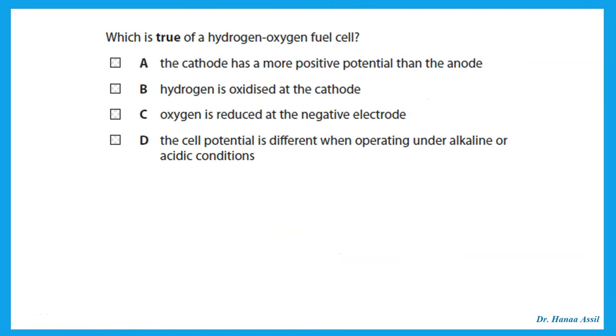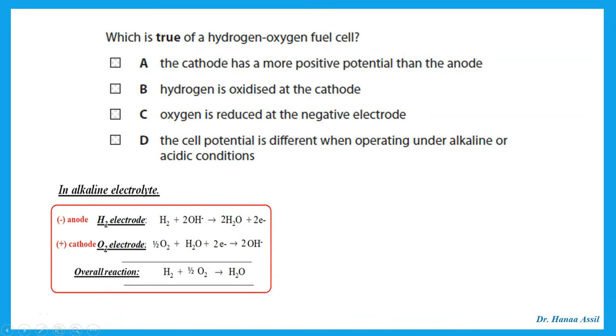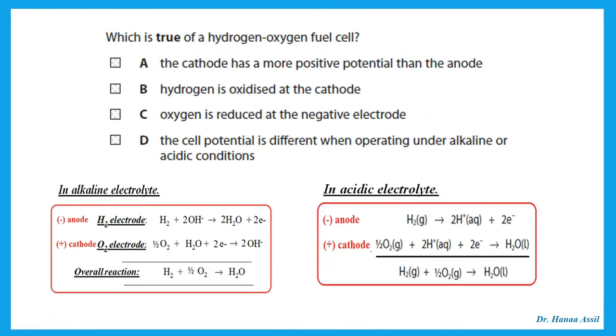So a question says, which is true of a hydrogen-oxygen fuel cell? Well, let's take a look at the choices. These were the equations in the alkaline electrolyte and in the acidic electrolyte, and the choices that we have: the cathode has more positive potential than the anode.